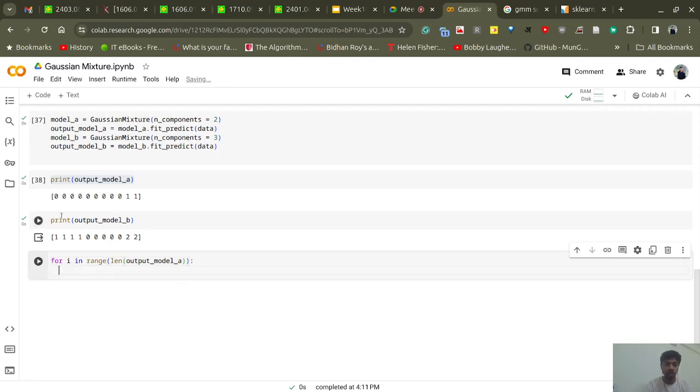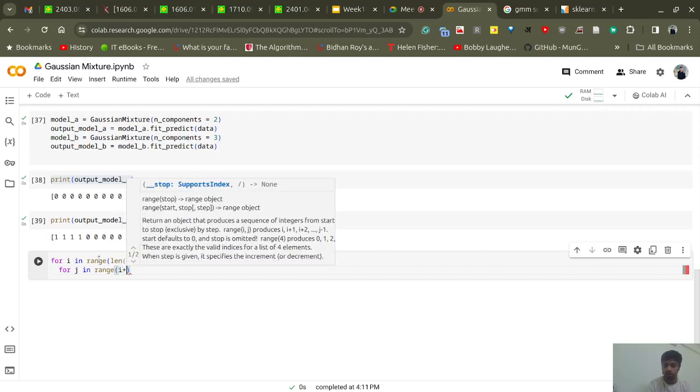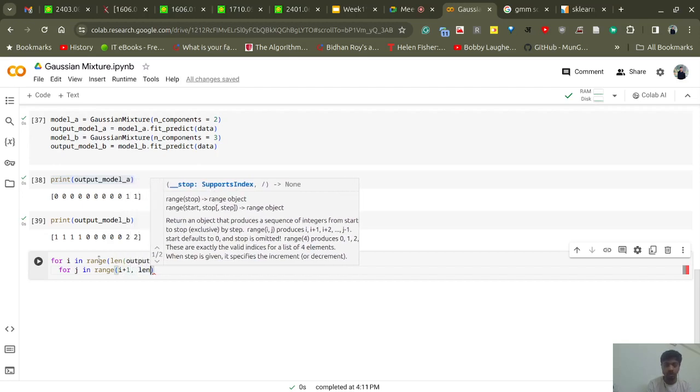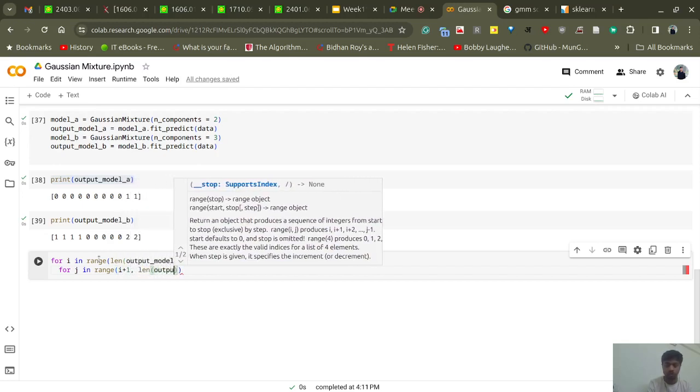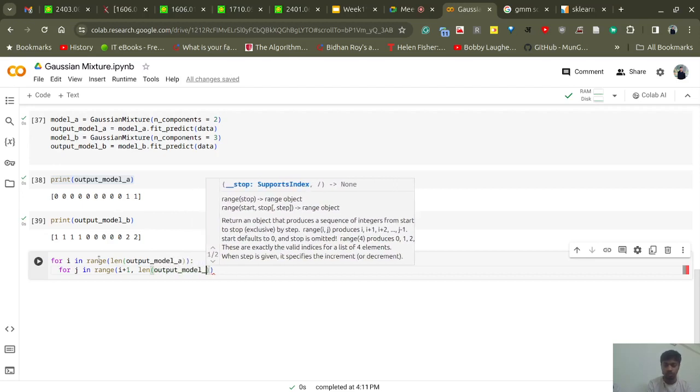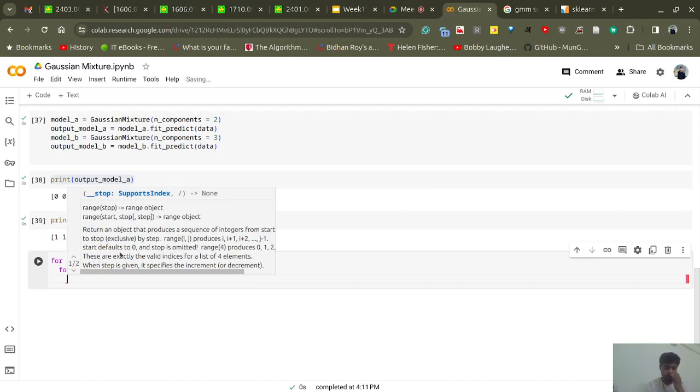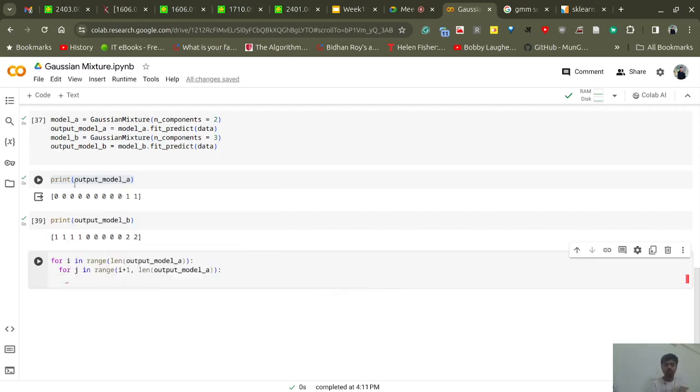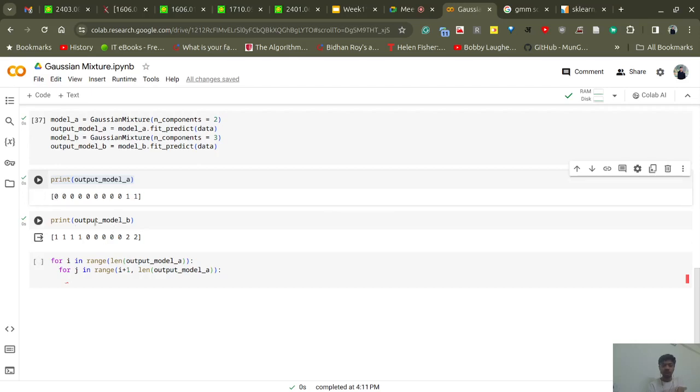We'll iterate through all the values here, then we'll start comparing from the next one, for j in range i plus 1 to len of the output. Basically we'll go through all the points here and compare each with the others, and if they are similar, then we'll check whether they are similar in output model B too.